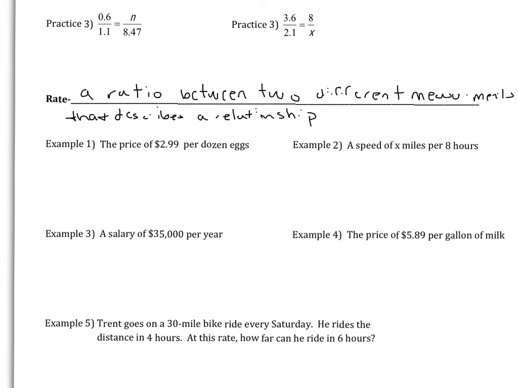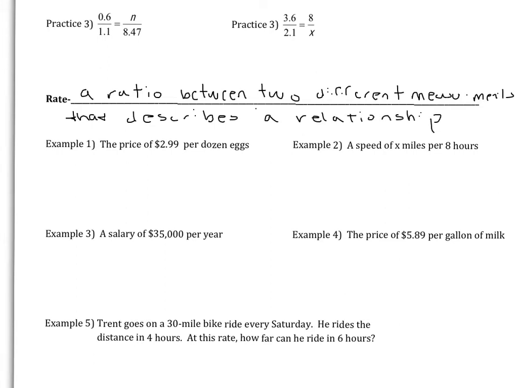So a ratio between two different measurements that describes a relationship. And let's make that "describes a relationship" a little bit clearer.